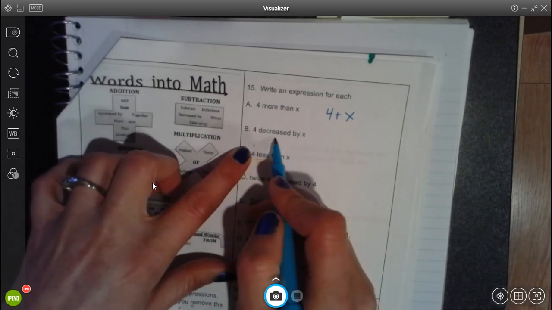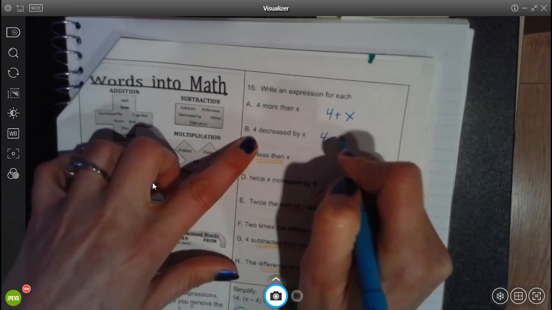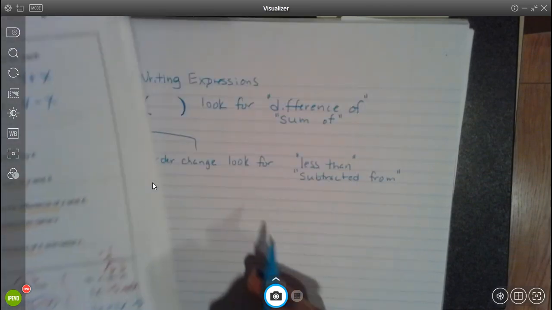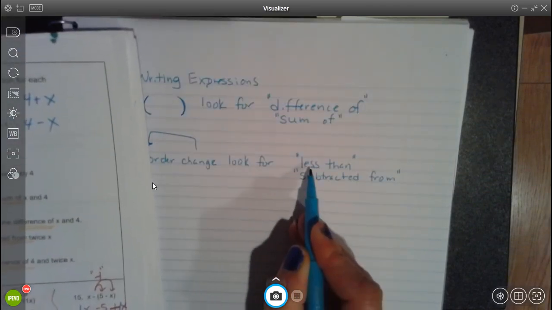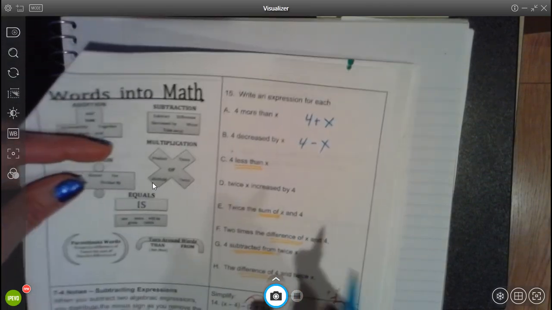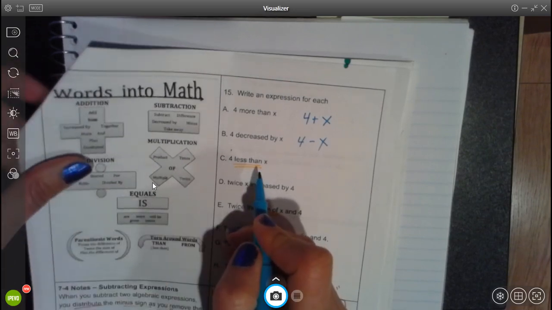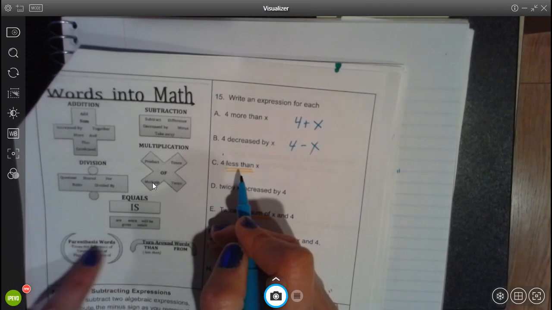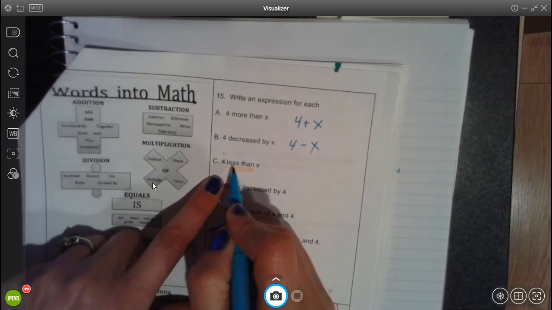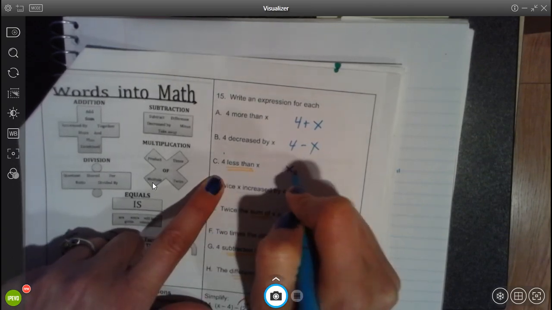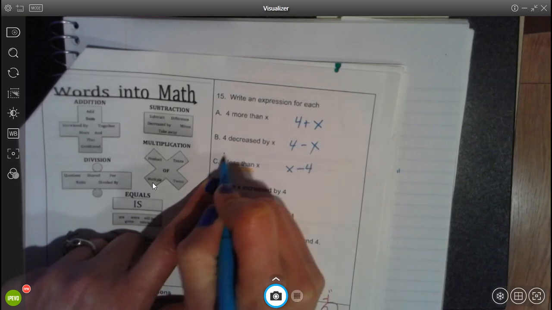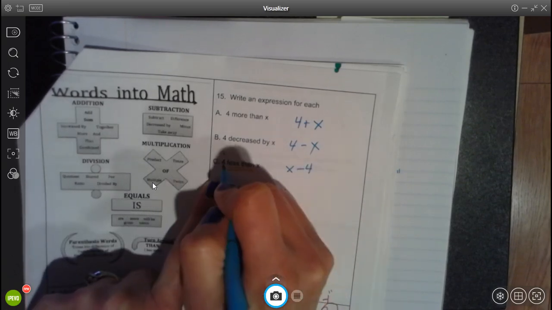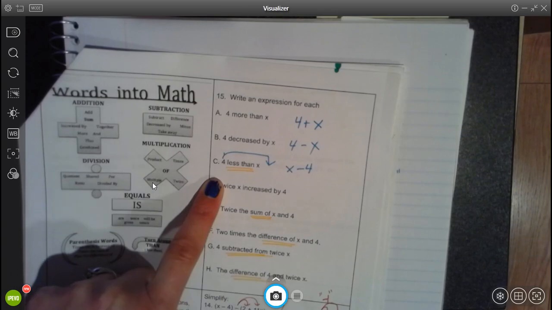So 4 decreased by x, that's not any of the phrases that I'm looking for. I'm looking for subtracted from, less than, sum of, difference. Here's the first time where I see one of those phrases. This is what we call a turnaround phrase. Instead of putting 4 minus x, I put the exact opposite of that, and I move that 4 to the end. This 4 goes down there.